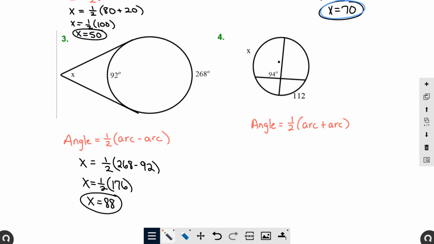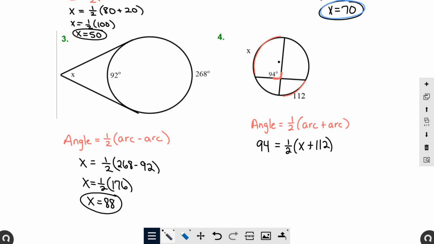But in this case, which one is the angle? 94. It's not X, is it? This is my angle because it's made up of lines. What is X? It's an arc because it's a curve. 112 is an arc. So we're going to write our formula as 94 equals 1/2 (X plus 112).